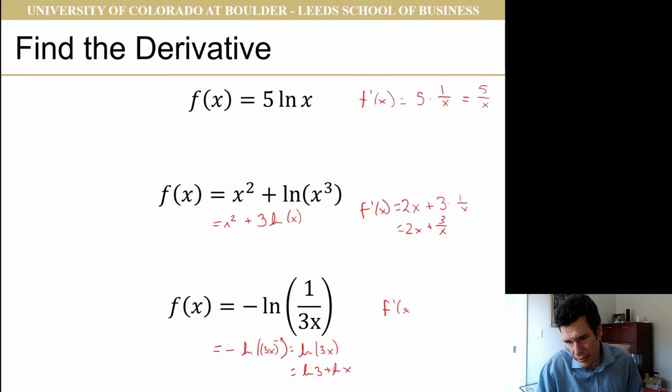The derivative of this function, well, the derivative of ln of 3, that's just some number, a little bit bigger than 1, because 3 is a little bit bigger than e. So that's some number. We take the derivative of a constant, that's 0, plus ln of x. The derivative of ln of x is 1 over x.